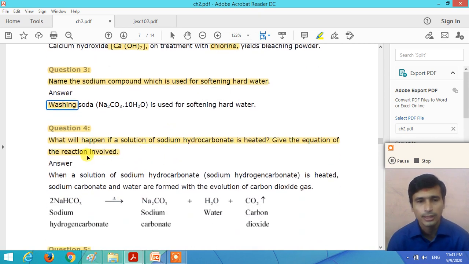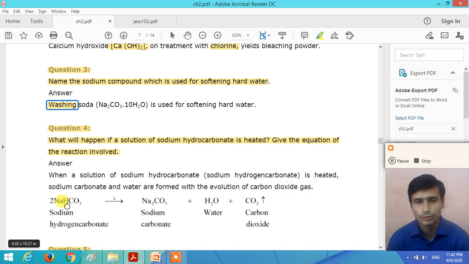Now question number 4, what will happen if a solution of sodium hydrogen carbonate is heated? Give the equation of the reaction involved. So when the solution of sodium hydrogen carbonate NaHCO3 is heated, sodium carbonate and water form with the evolution of carbon dioxide gas.